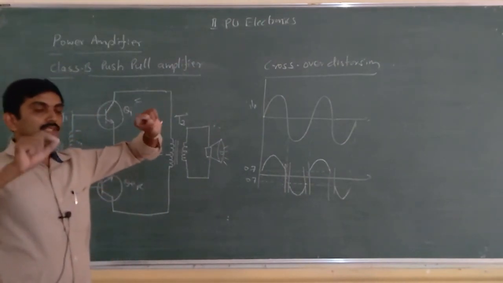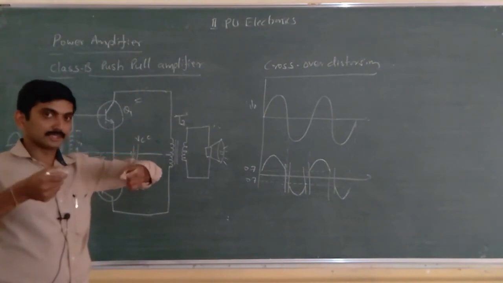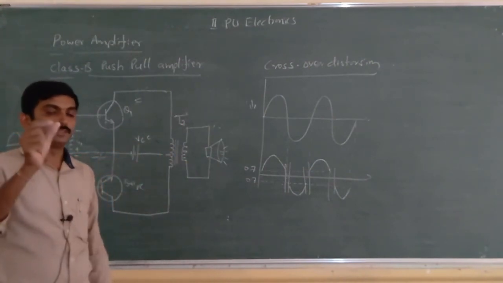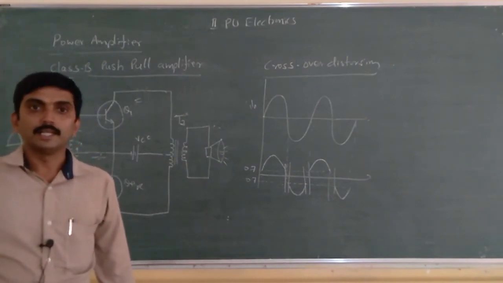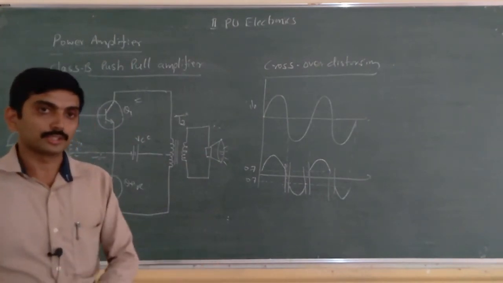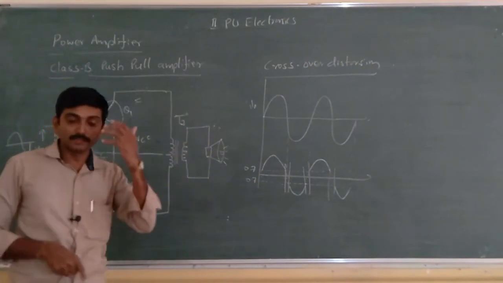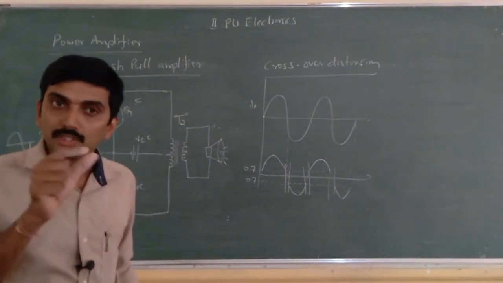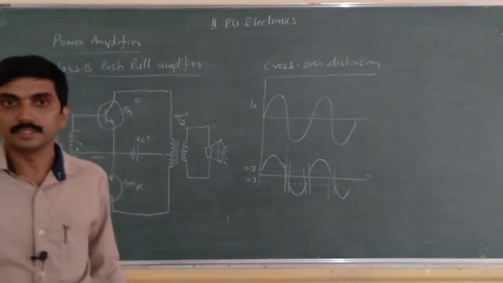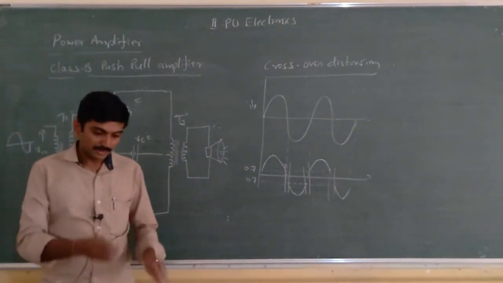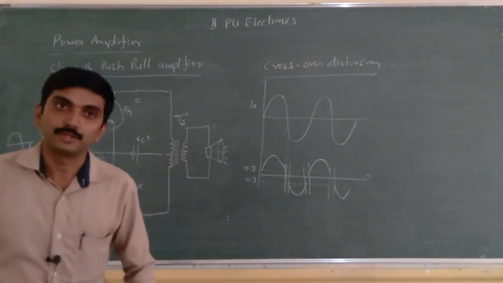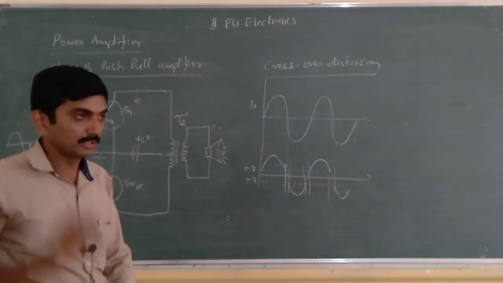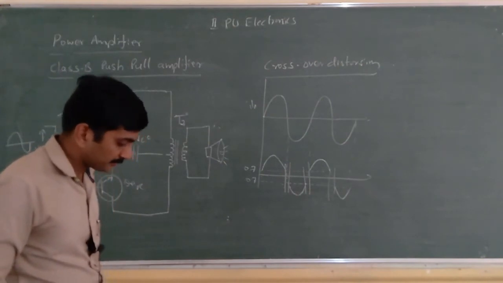So between those two regions or those two crossover points, you will see one distortion, and that distortion is known as crossover distortion. That occurs due to the knee voltage of the PN junction in the transistor, that is the emitter base junction. The distortion we call crossover distortion. This is very important. Point it out in your notes.